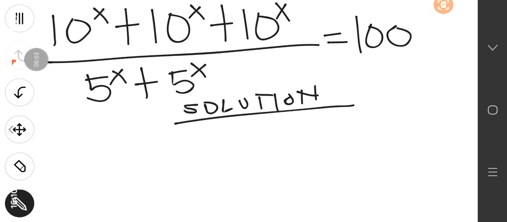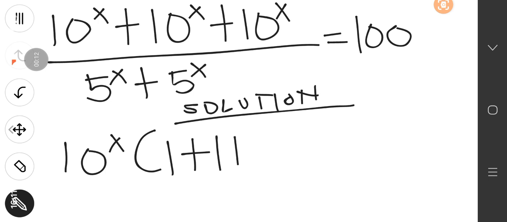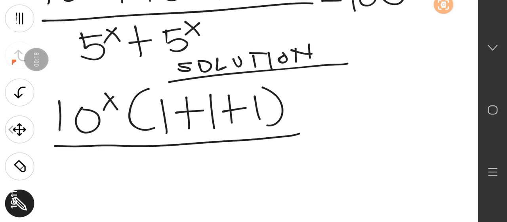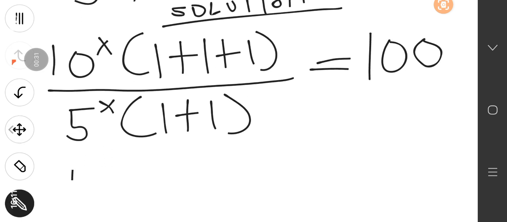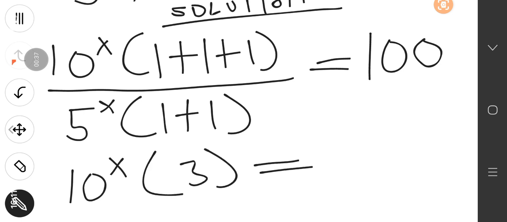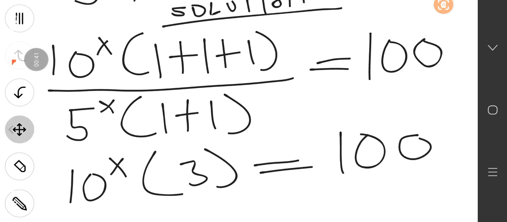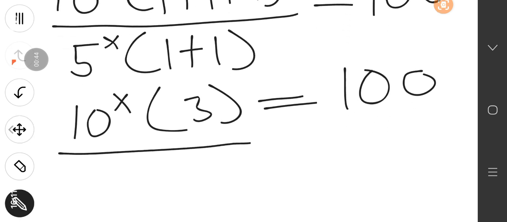Now, the first thing we do here is to factorize. This is going to give us 10 exponent x multiplying 3, and then here we are going to have 5 exponent x multiplying 2.